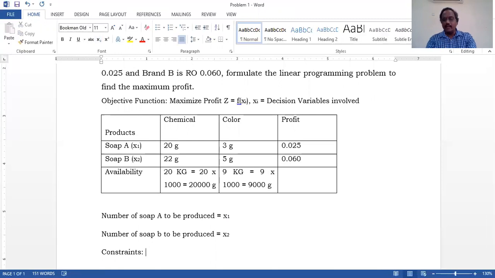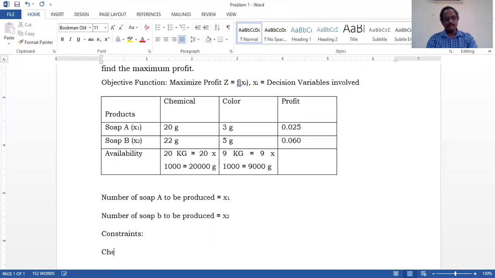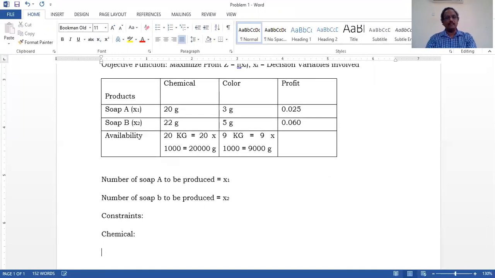The constraints are related to chemical, isn't it? And color. Because chemical is available maximum of 20,000 grams, and color is available 9,000 grams.